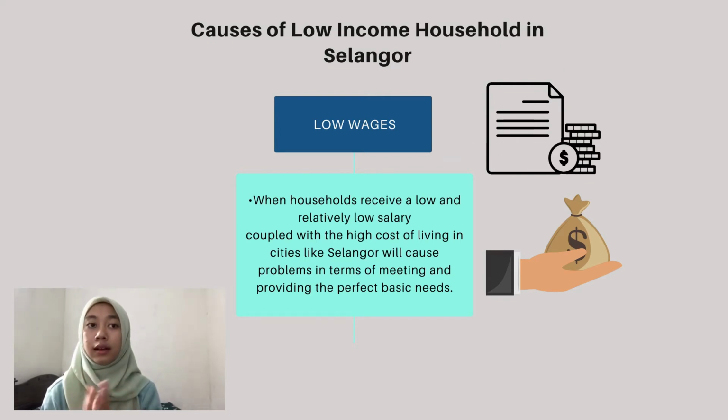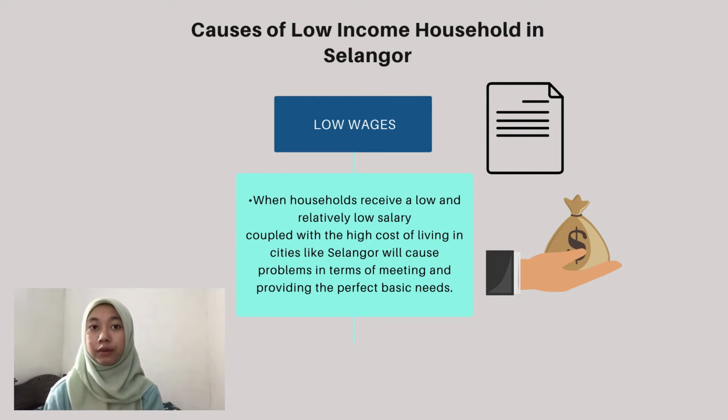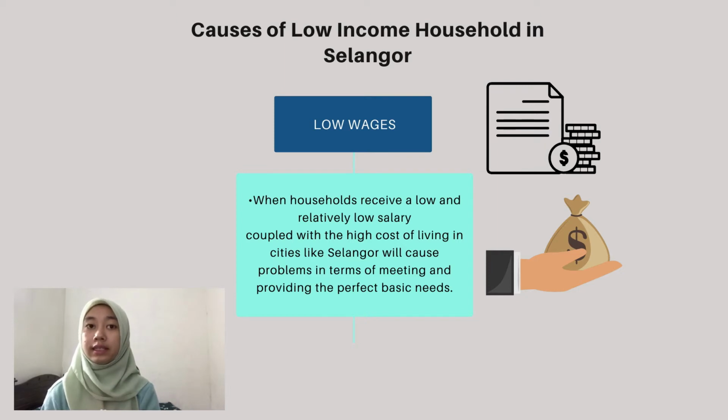Low wages are a major problem for the people living in the city and are a cause of the problem of low-income households in Selangor. This will definitely lead to the problem of poverty. The problem of low wages certainly relates to the community living in the city, when the income received is only able to pay rent, car bills and the rest is to cover monthly expenses.